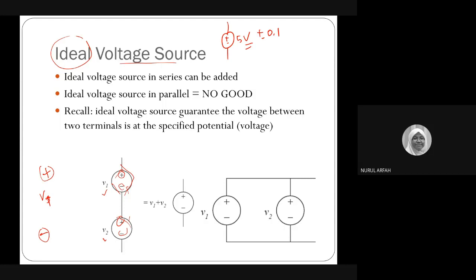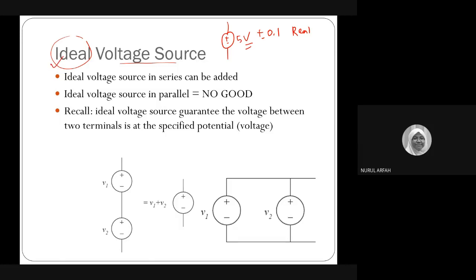So that one is a real case. You will not face exactly 5 volt in the real world. Okay, so for your circuit analysis, this one will be treated as an ideal case.